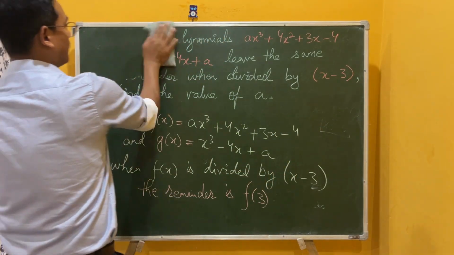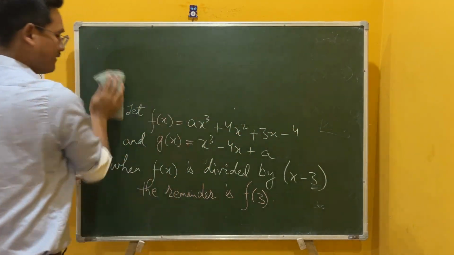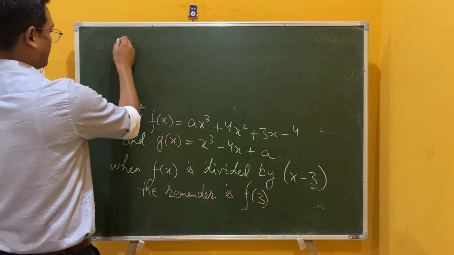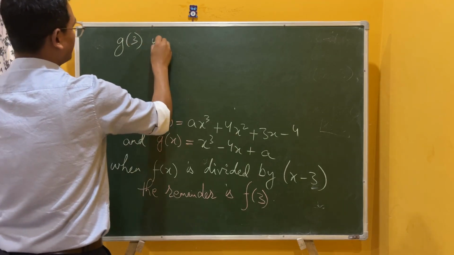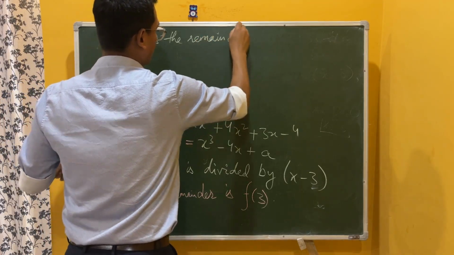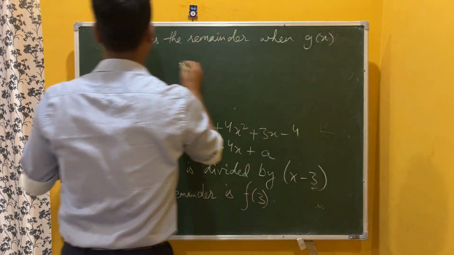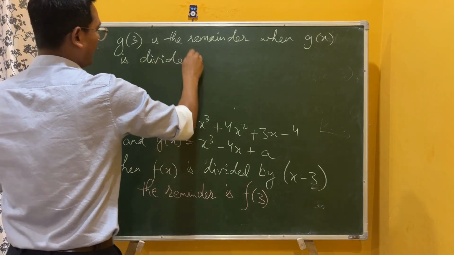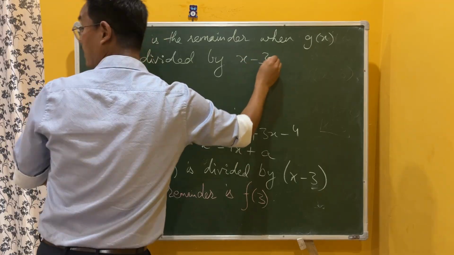Similarly, when g of x is divided by x minus 3, the remainder is g of 3. So g of 3 is the remainder when g of x is divided by x minus 3.